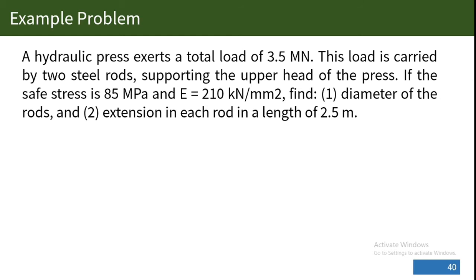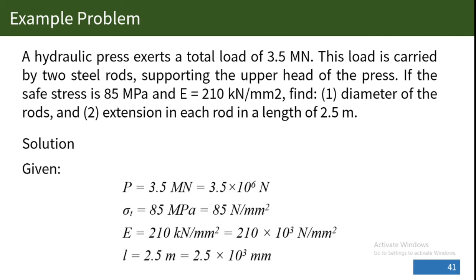So we have a hydraulic press exerting a total load of 3.5 million newtons, and this load is carried by two steel rods. We are required to find the diameter of the rods and the extension, or change in length, in each rod, given an initial length of 2.5 meters.